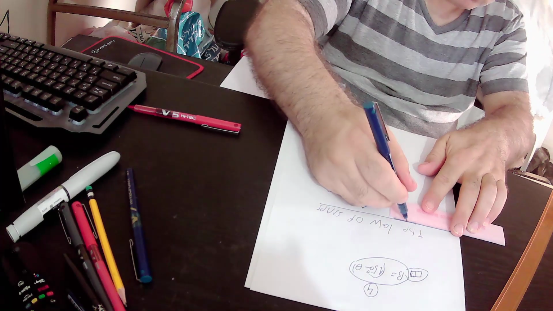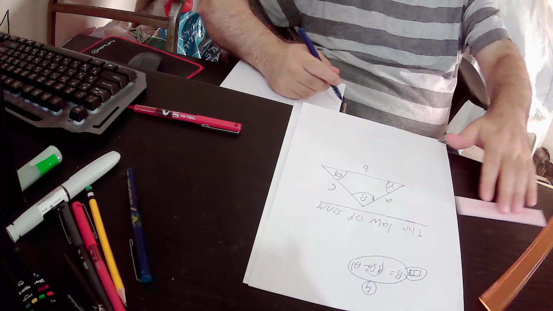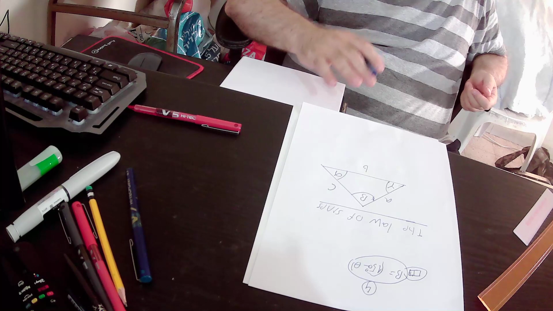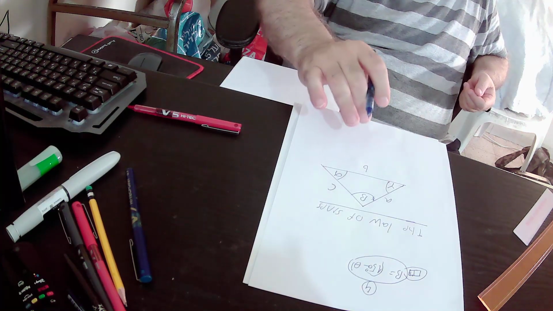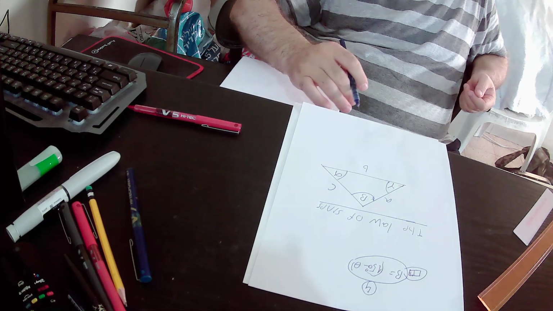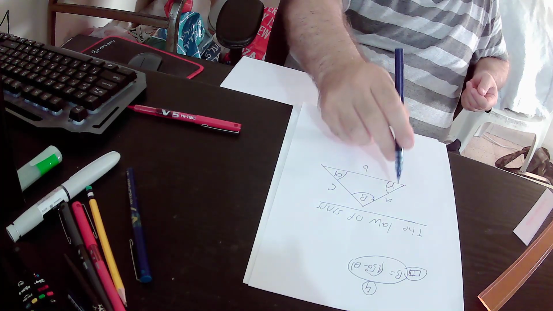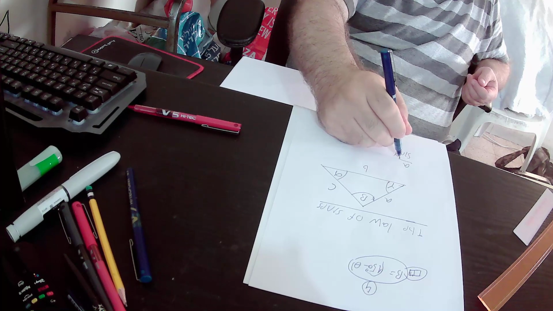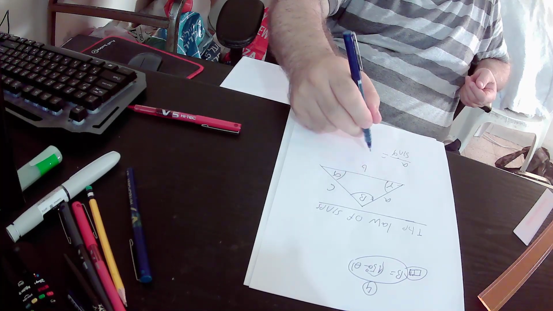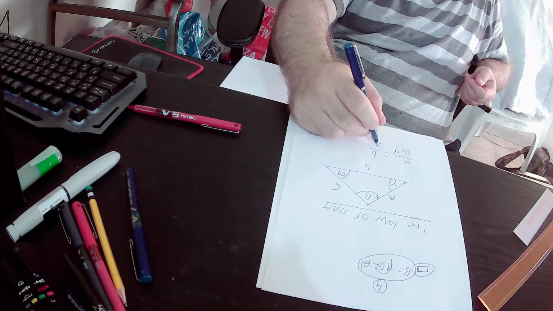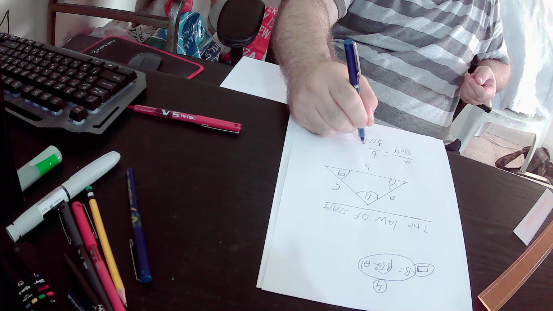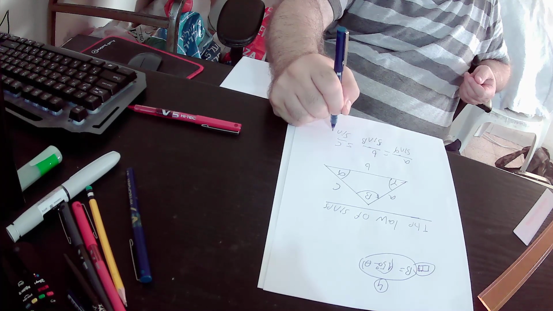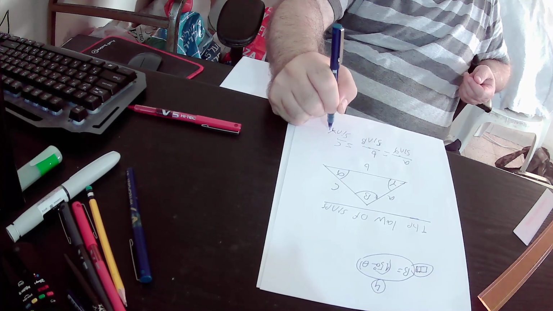According to the law of sines, the relationship in any triangle between its sides and its angles is the following: A over sine alpha equals B over sine beta equals C over sine gamma.